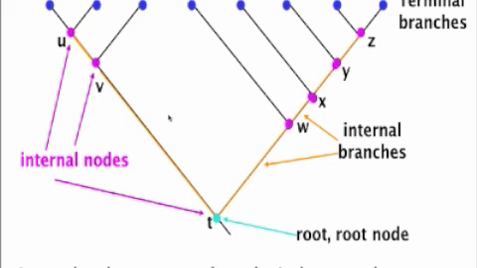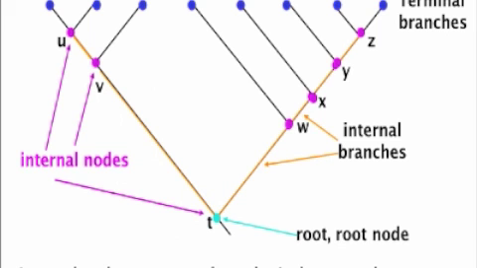And then this branch leading up to that root node is known as the root branch or root of the tree. And basically, this represents evolutionary history that occurred prior to the existence of the most recent common ancestor of the organisms you're looking at. Those terms basically make sense.